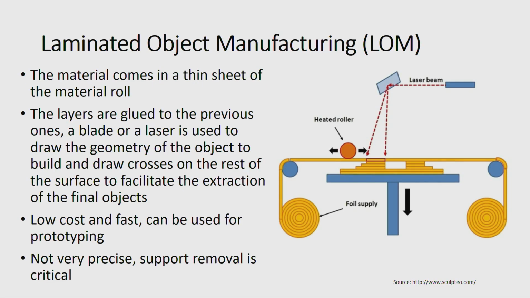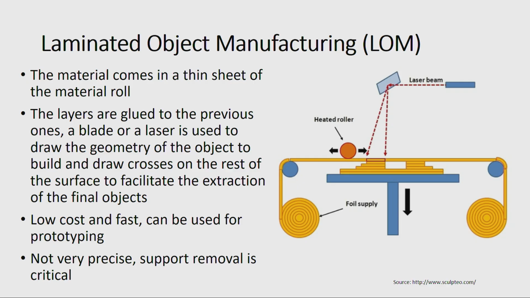Next is laminated object manufacturing. In an FDM 3D printer, the material comes as a filament, and it is heated and deposited on a plate. In SLA 3D printing, there will be a resin which is selectively cured to make the final object.